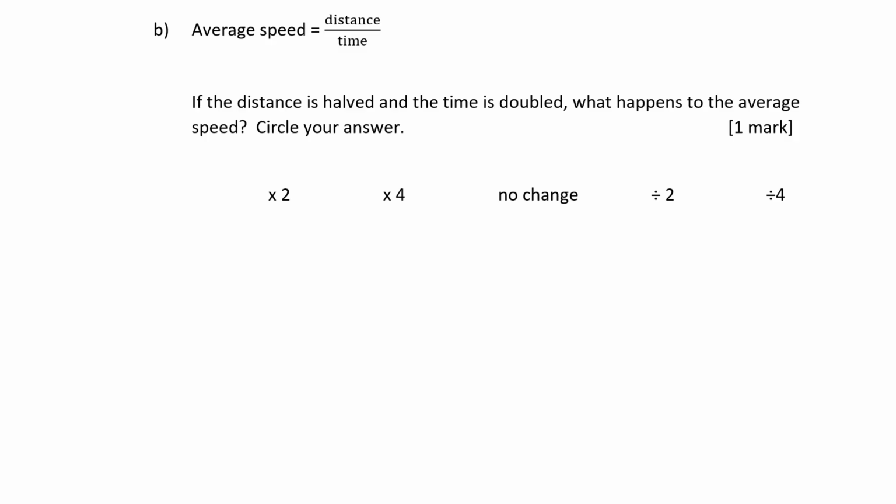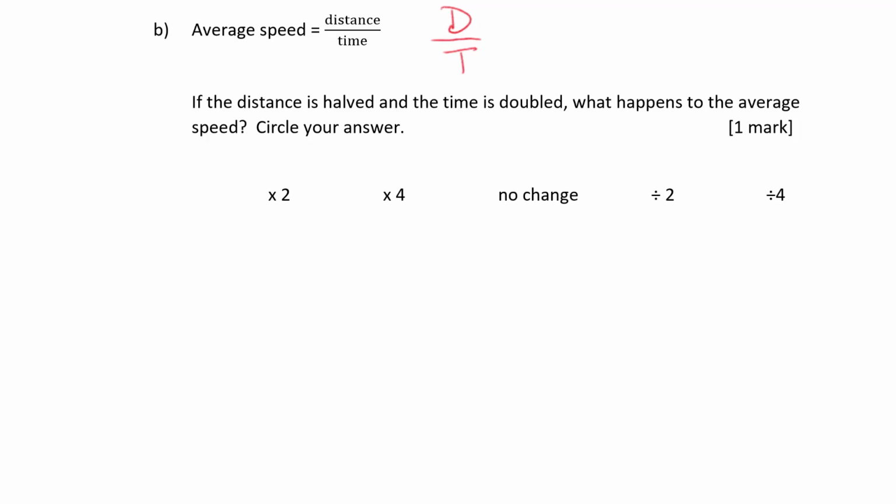Okay, in part B, we're given that average speed is equal to distance divided by time. If the distance is halved and the time is doubled, what happens to the average speed? Well, let's do the same trick as before. If we start off with a distance d and a time of t, then what happens if we halve the distance?